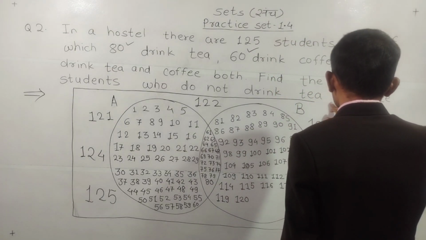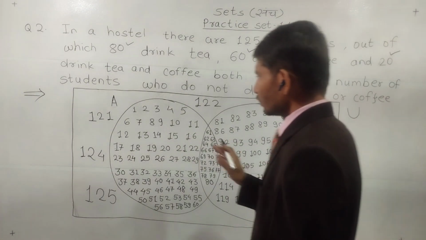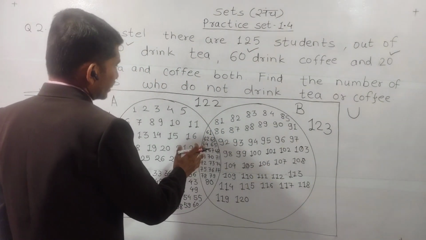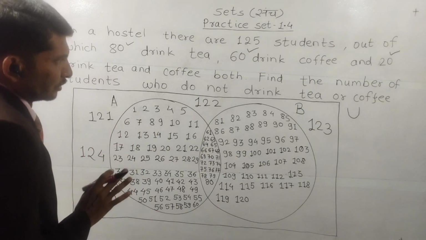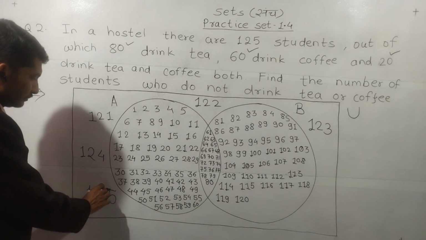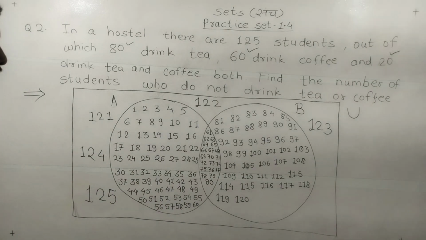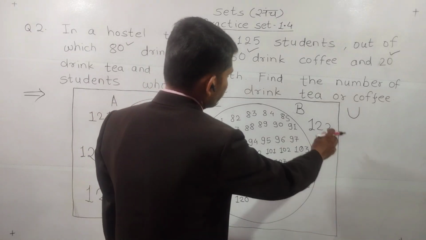The students who are living in the hostel may be drinking tea, may be drinking coffee, or may be drinking both, and those students who are not taking either of them. So 125 students who are living in the hostel are included in this universal set.